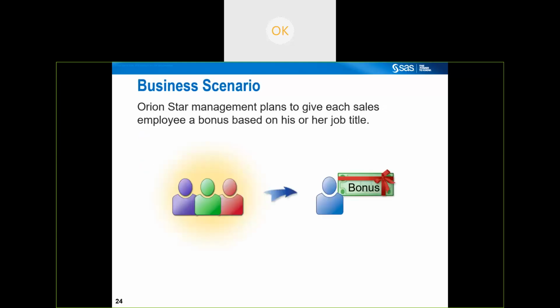So let's say we have this business scenario in which we have to use if then. Kita kena menggunakan if then conditional ataupun do and, and length. For example, management plans to give its sales employees a bonus based on his or her job title.